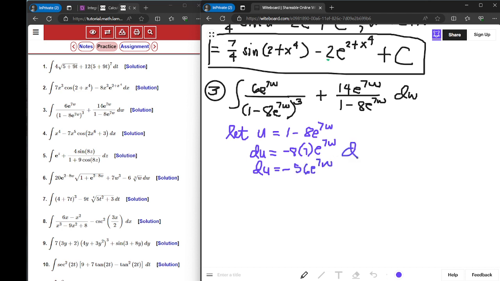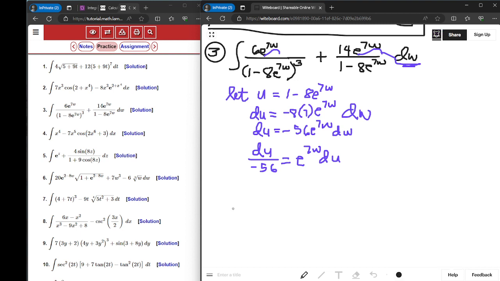Oh, I forgot to write derivative of w. Okay, we have here e to the 7w dw. So du over negative 56 is equal to e to the 7w dw, which means this will become 6 times, so e to the 7w dw is du over negative 56, and they will all be divided by u cubed.